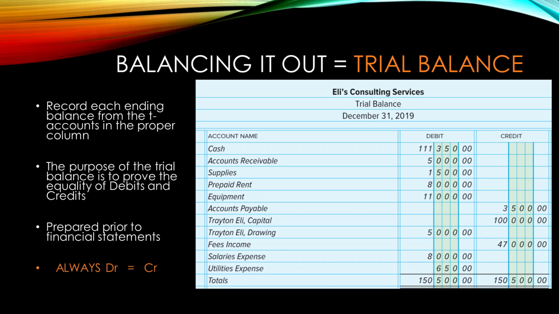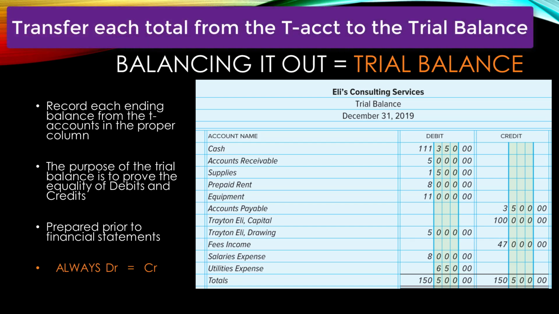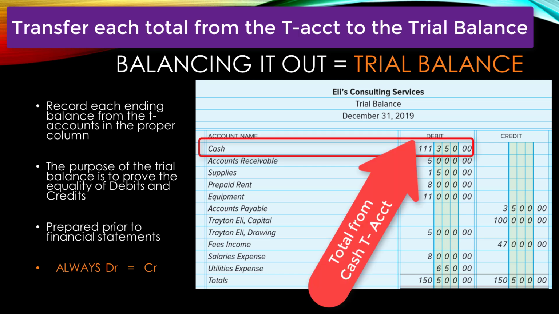So once our T accounts are all totaled up, then what happens next? The last step is to make a trial balance. A trial balance is a listing of all accounts that have balances with the ending total dropped into either the debit side or the credit side.